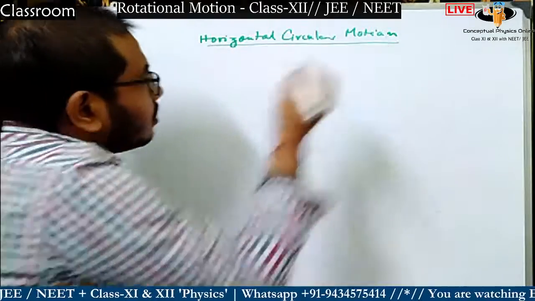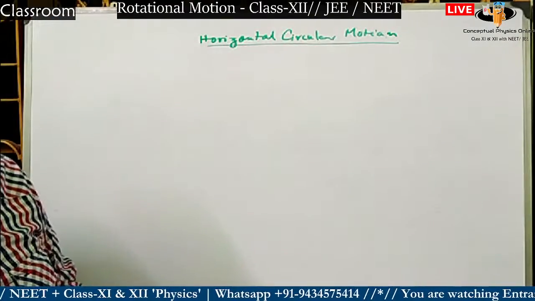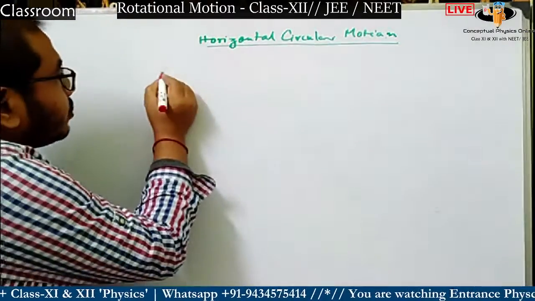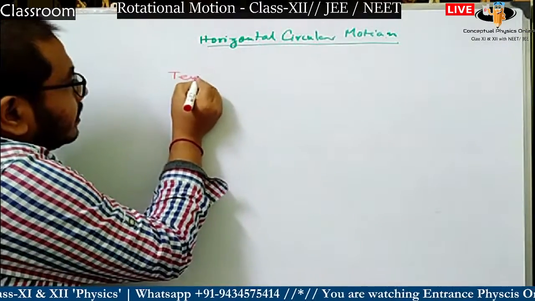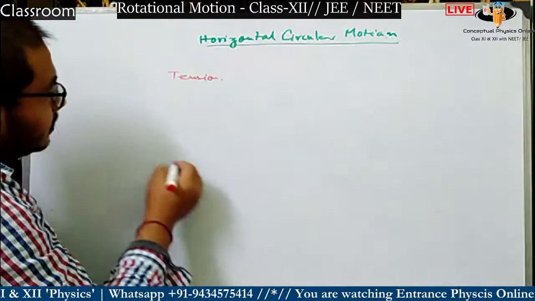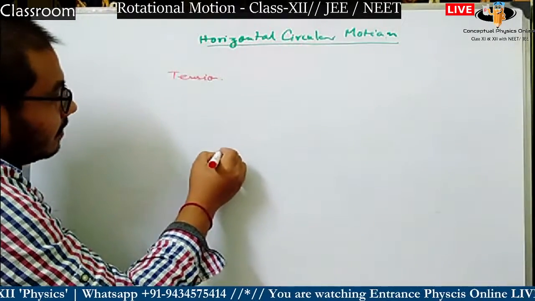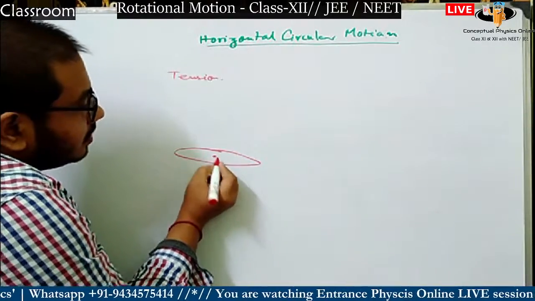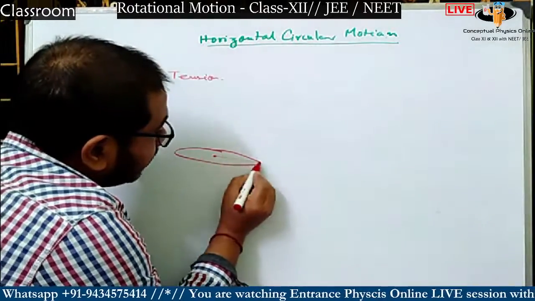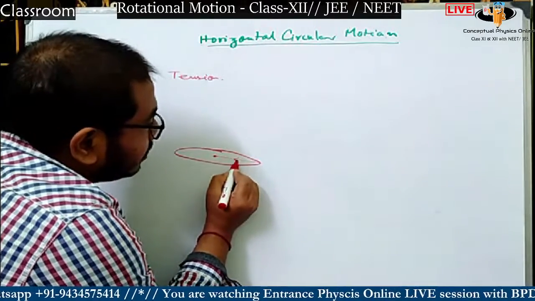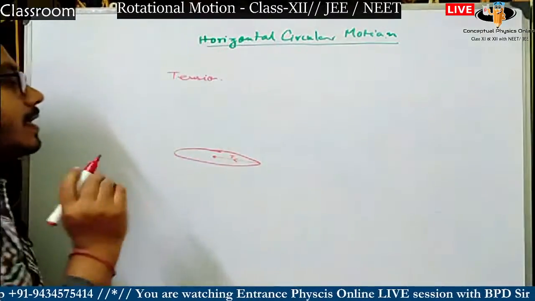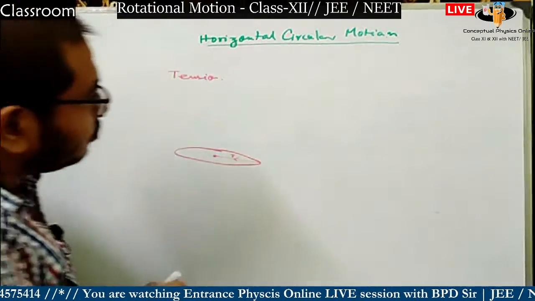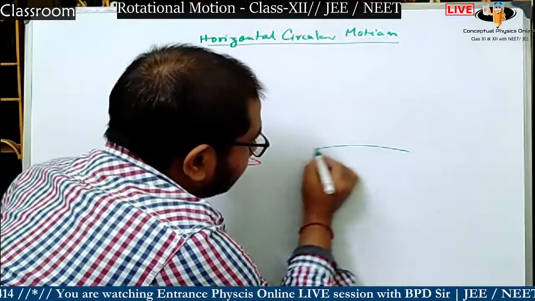So considering this horizontal circular motion, we can expect that the tension experienced by the thread, say this is the center and this is the thread, will be in this direction. I think it is visible. If not, I am going to draw it with another ink.